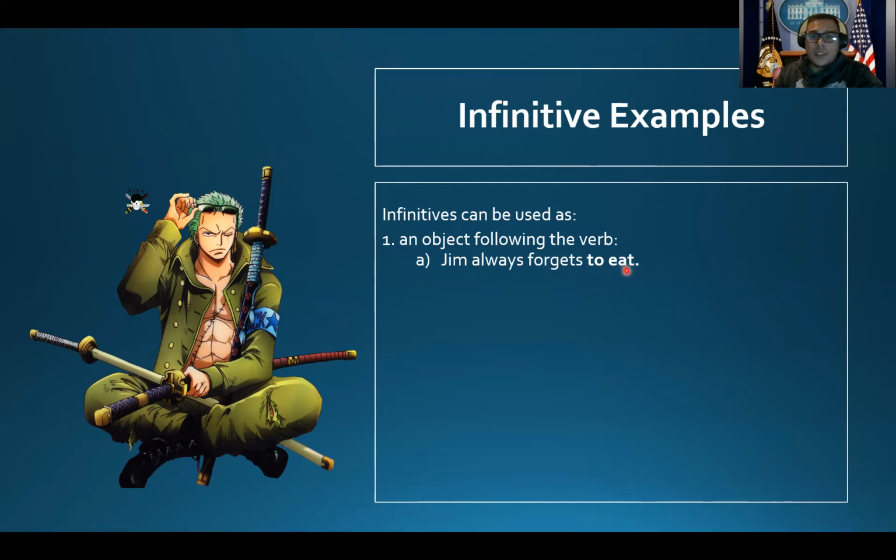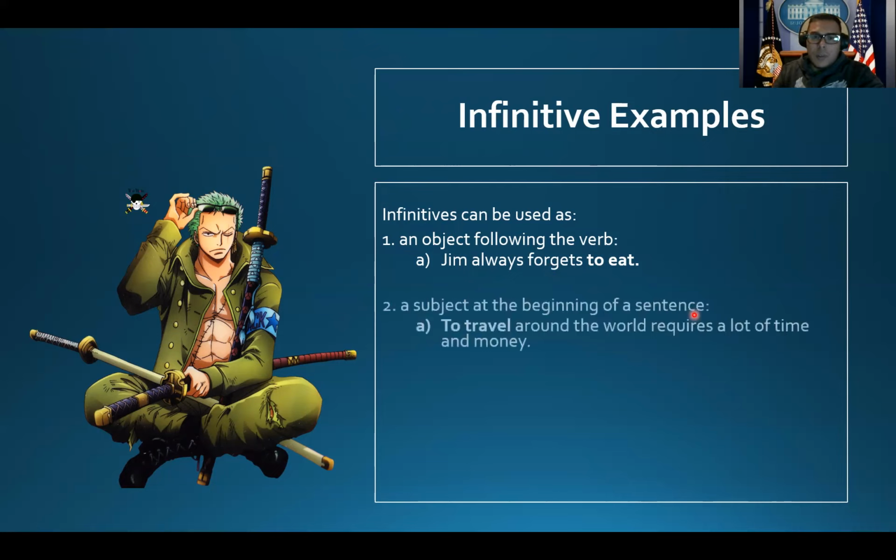So this is the object of the sentence. We can also use them as the subject at the beginning of a sentence. The same way we can use gerunds as objects and subjects, we can also use infinitives as objects and subjects. The example that we have here says, to travel around the world requires a lot of time and money.